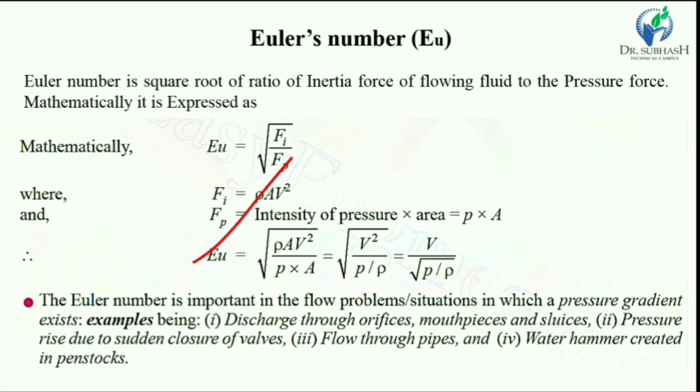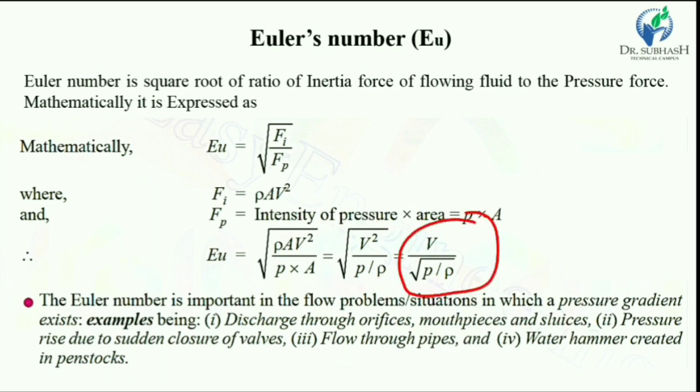Now Euler's number is equal to the square root of the ratio of inertia force upon pressure force. Put the equations of both forces: rho A V square upon pressure into area. Here the area cancels and rho comes to the denominator, means the p upon rho, as shown in slide.